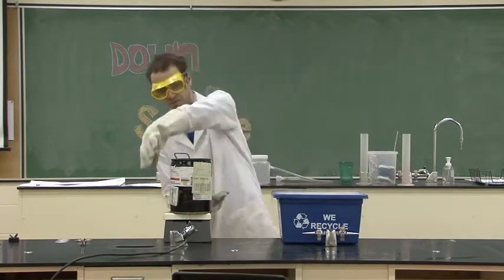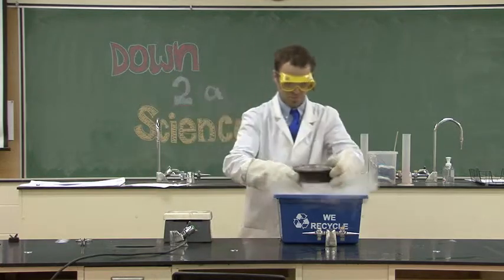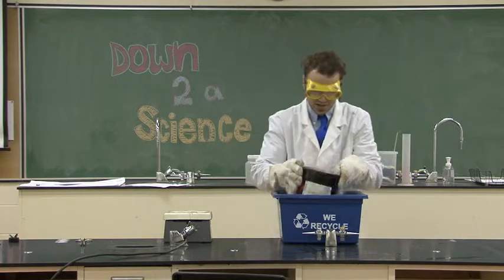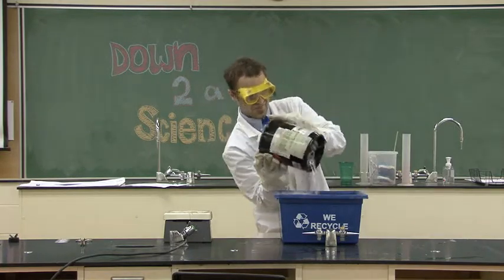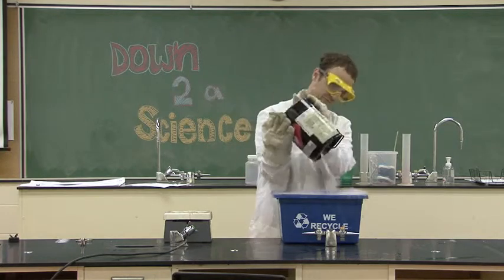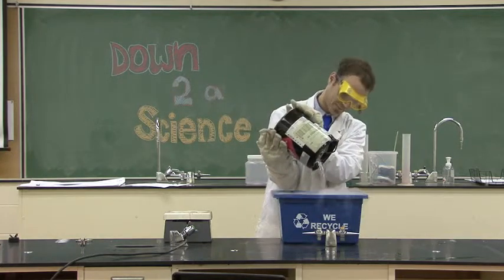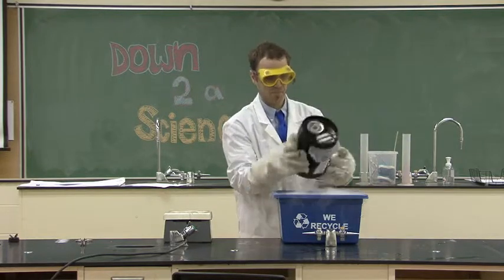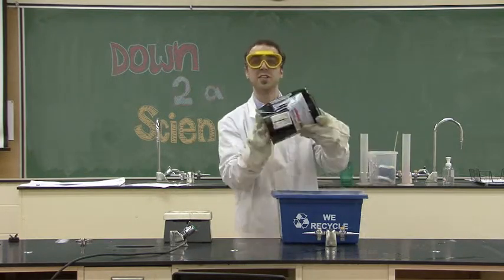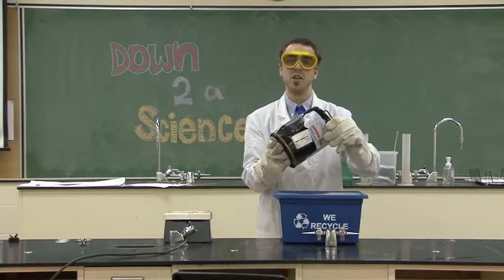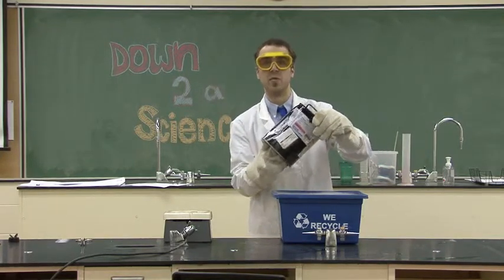Let's see what happens. As you can see, there's a little bit of a dent in the can, but this is much thicker metal, so we might have to heat it up a little bit more.